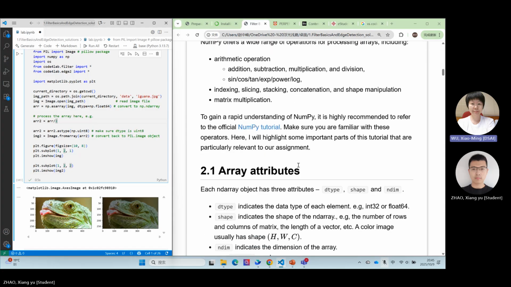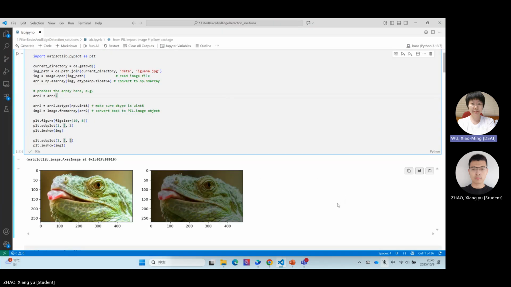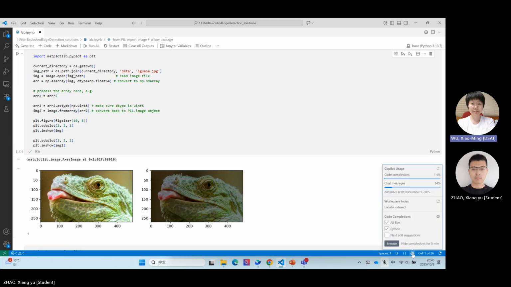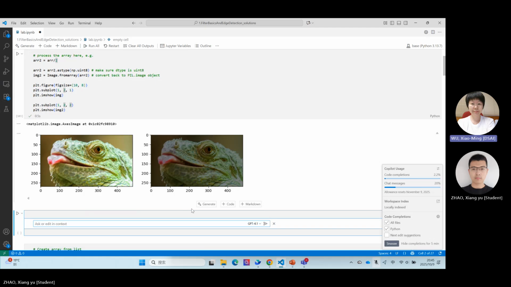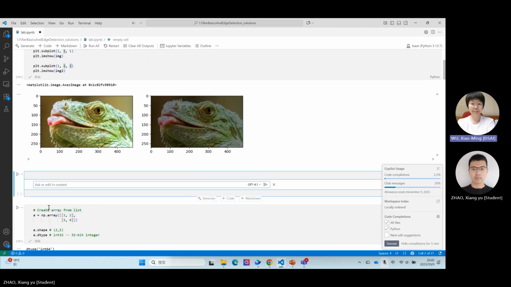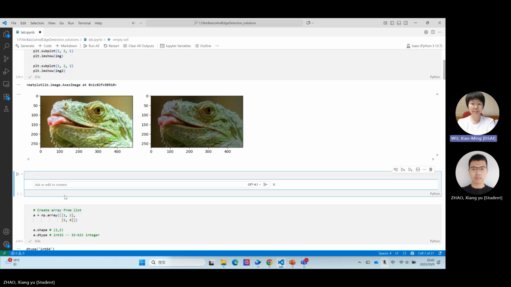To get a rapid understanding of NumPy, you can just refer to the official tutorial, or you can ask GPT-4 or some other AI to help you. Such as in Visual Studio Code, you can ask Copilot. For example, when you want to write your code, you can generate like this and tell it your requirement.